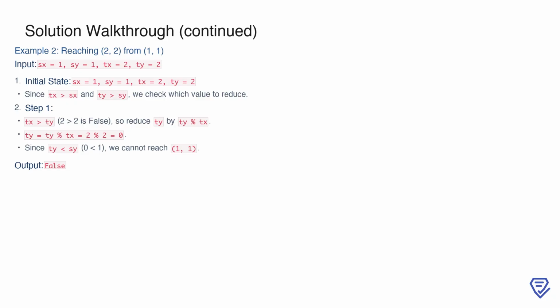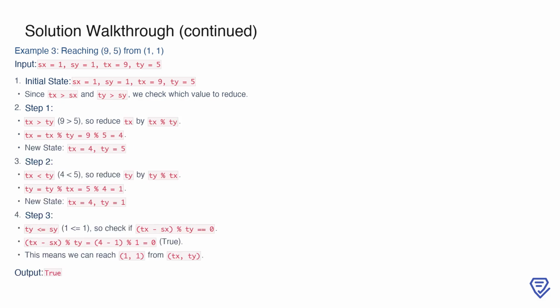Since tx is not greater than ty, as 2 > 2 is false, we reduce ty by taking ty % tx. This results in ty equals 2 % 2 equals 0. At this point, the new state is tx equals 2 and ty equals 0. However, since ty is now less than sy, 0 less than 1, it becomes impossible to reach the starting point. As a result, the output is false.